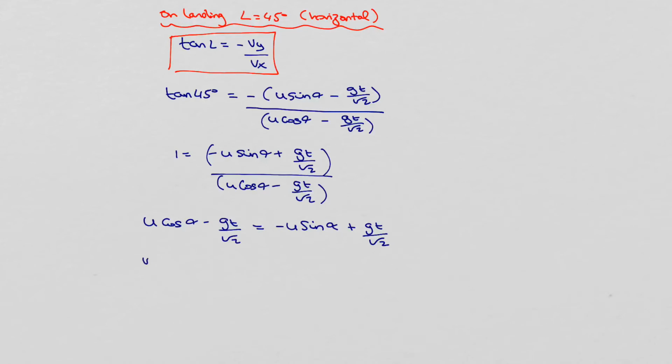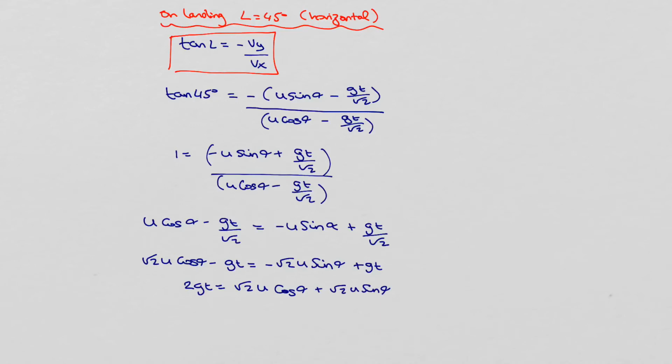Okay, so we have root 2u cos alpha minus gt is equal to minus root 2u sine alpha plus gt. So that's going to give me 2gt is equal to root 2u cos alpha plus root 2u sine alpha.